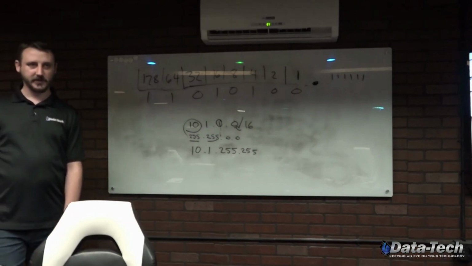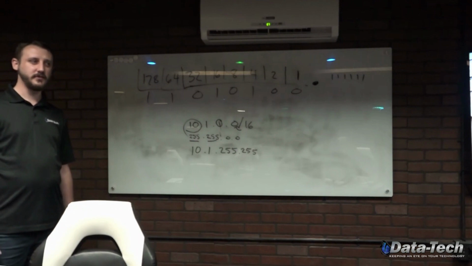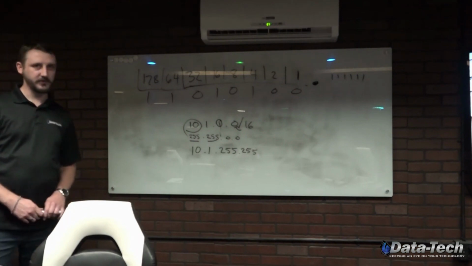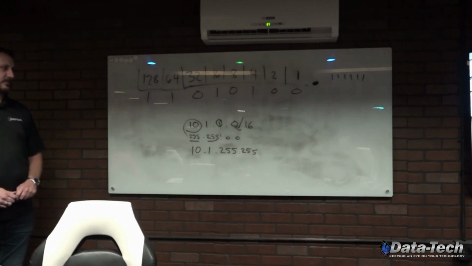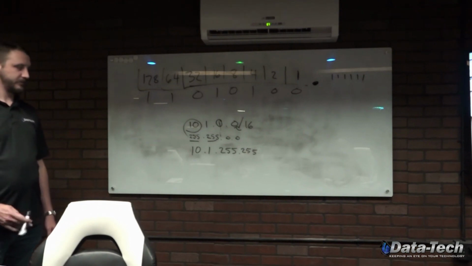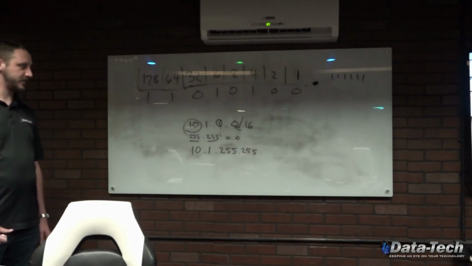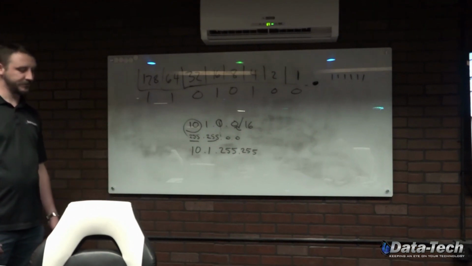It actually goes up to class D, all the way up to 254, 255. No, 254. And I don't even think you can use the last like 30,000 IPs after like 224.